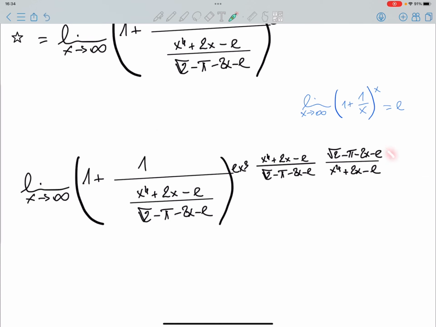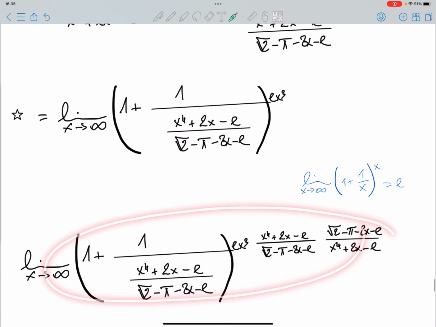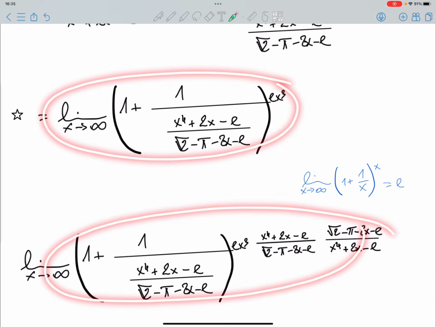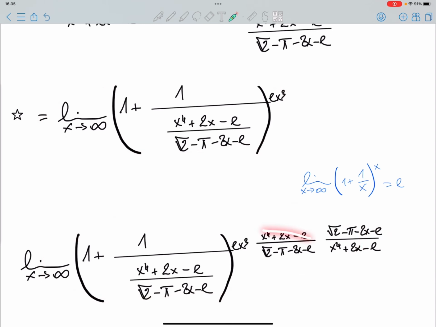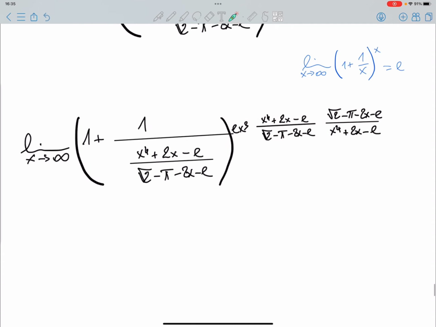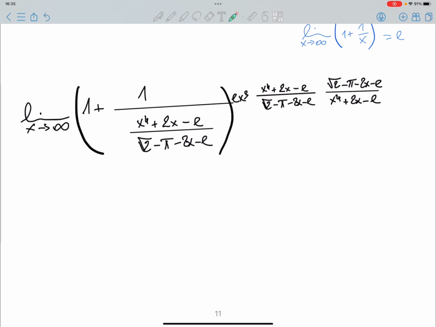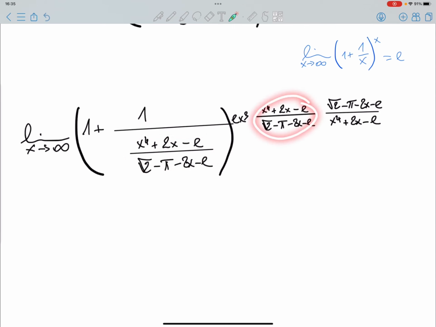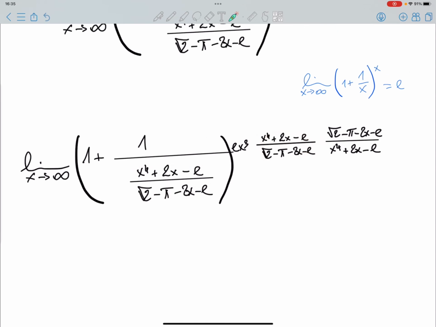So this one here is equivalent to this one here, because if we cancelled out this, we would just end up with e times x cubed, right? We did this on purpose so that we have the same thing as the exponent here, so that this basically tends to e.